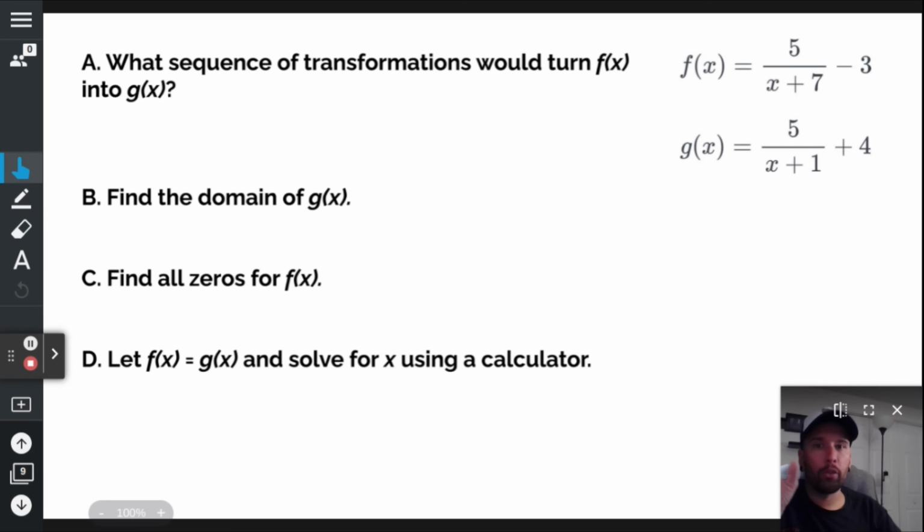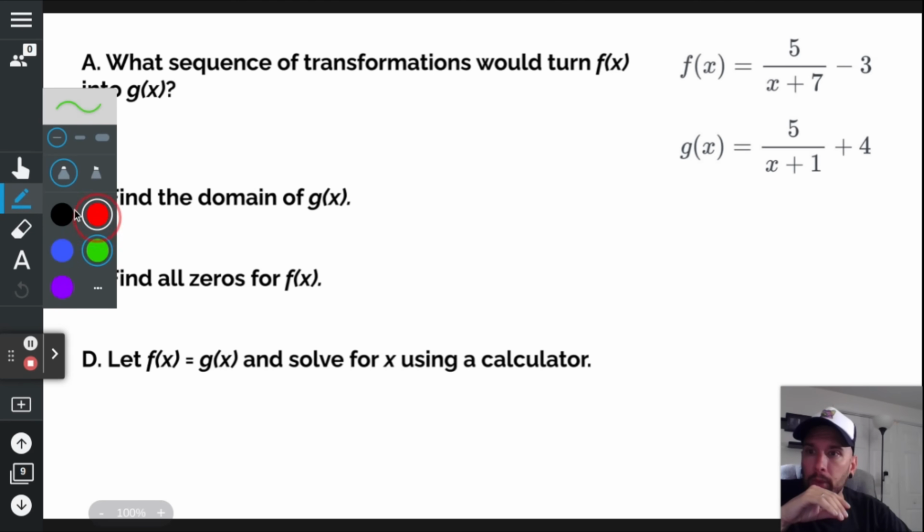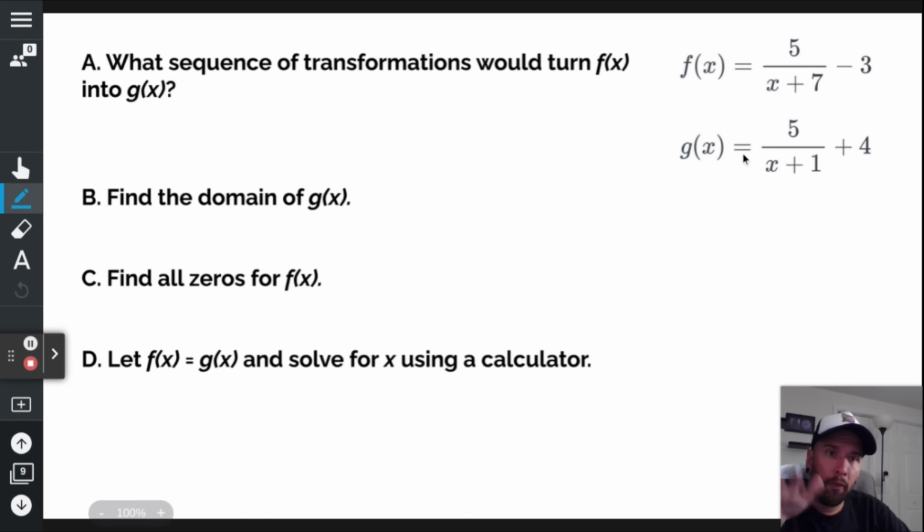What sequence of transformations would turn f of x into g of x? Okay, so the difference between f of x and g of x is, I'm not multiplying f by anything, thank God. But I went from x plus 7 to x plus 1, which means I have a minus 6 next to x. When minus 6 is next to x, that means I move right, a horizontal shift of 6.